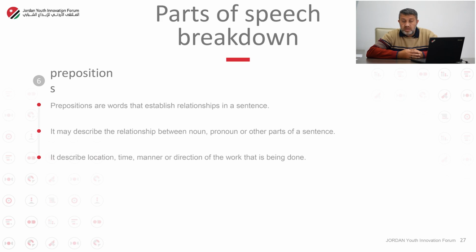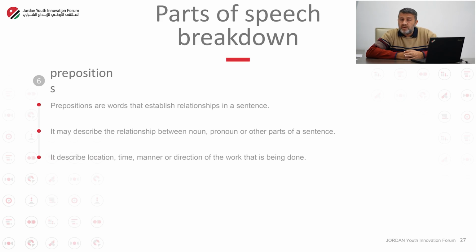And like adverbs, they describe location, where something is; time, when it happened; manner, the way it happened; direction, if you are talking about directions, like straight, before, in front of, opposite, downwards, backwards, forward, etc. And they tell us more about nouns, okay. So they define nouns more, they add more information.